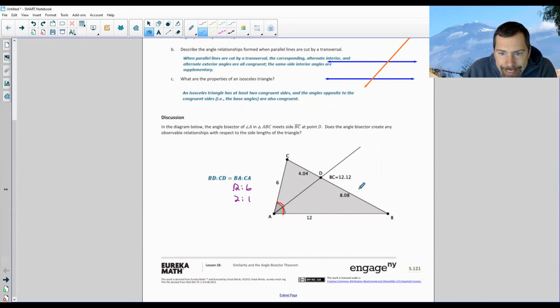So if BD was 8, then half of 8 is 4. Notice they have 8.08, 4.04. And BC is 12.12 total. Okay? So the opposite side cut by an angle bisector is proportional to the two other sides. So again, AB is to AC as BD is to DC.